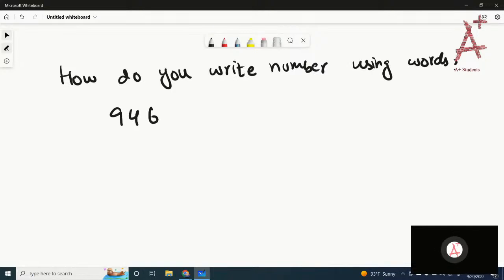So you have to remember how to write the numbers between 100 and 999. So first you have to write how many hundreds do we have? We have 900s. Then you have to write the tens and the ones. So the tens and the ones are 46.